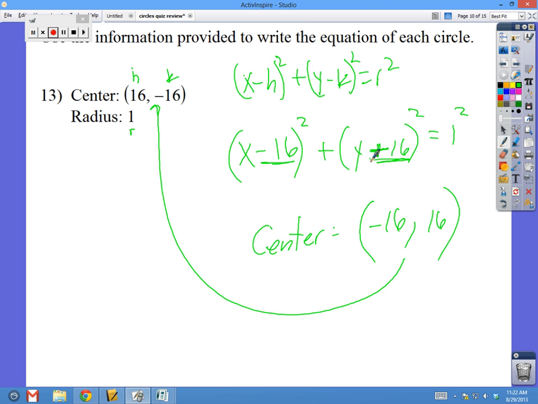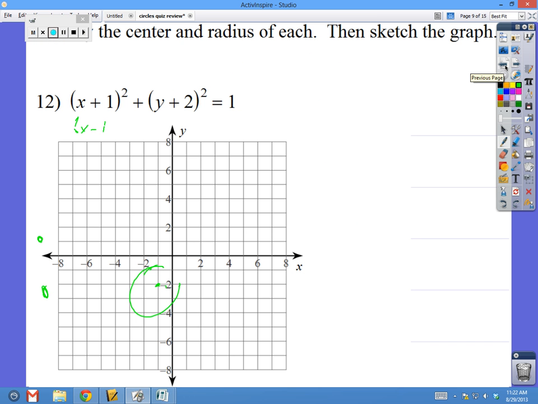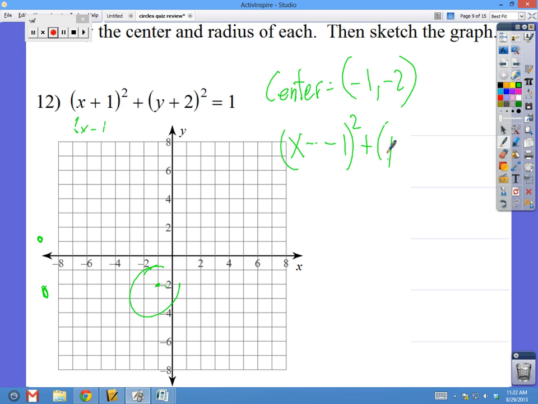So Matt, let's go back to this. Look at this. What is the center here? Why is the center a -1 and a -2? Because do you know what this really is? This is really x minus a -1 squared plus y minus a -2 squared equals, what is this if we want it in terms of r squared? 1 equals r squared.